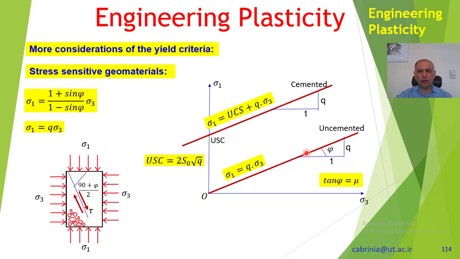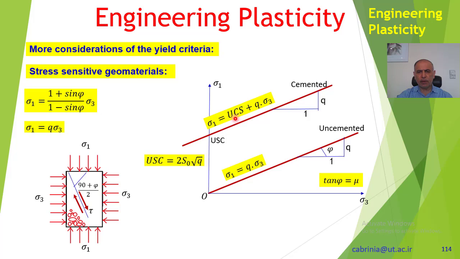And for this one, which is uncemented, we have this line like before, but here we have sigma 1 equals q dot sigma 3, because the gradient is q, that's tangent phi is equal to q. And for cemented particles or rock, we have this line like before, except that here we don't have tau and sigma n, we have sigma 1 and sigma 3. So sigma 1 is USC, that intercept, plus q dot sigma 3.